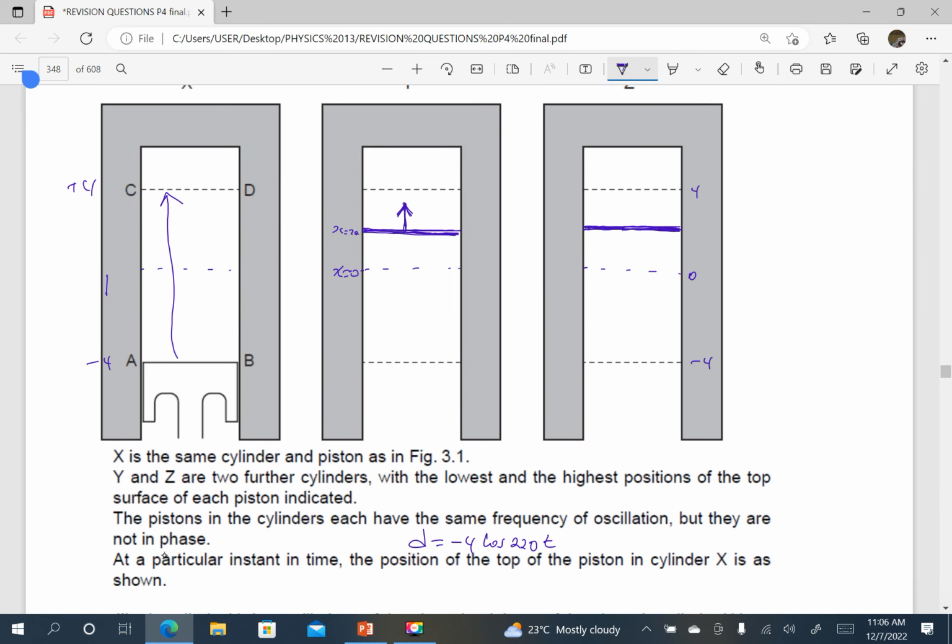From AB to CD, that is 180, and coming back, that is 360. So 240 is when I'm going downwards, in the opposite direction.